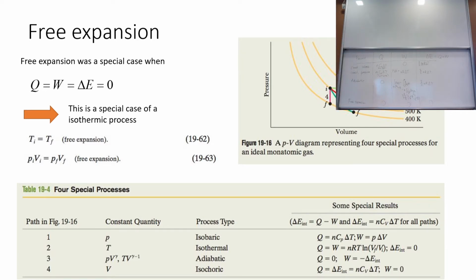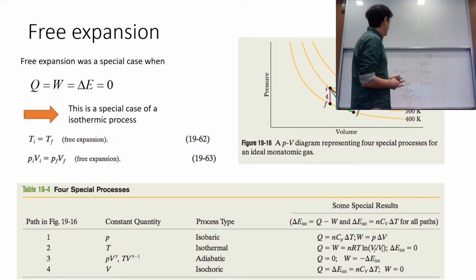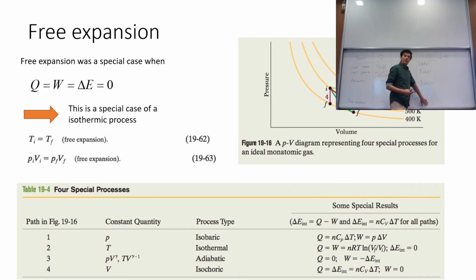In fact, it's a specific example of an isothermal process because if the internal energy doesn't change, then the temperature change must also be zero. So from here you can deduce that the change in temperature is in fact zero for free expansion.